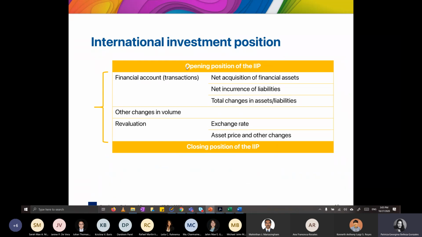These are the levels of financial assets that a current economy has in balance with non-residents, typically at the beginning of a year and the end of the year. And then the difference between the two, the increase or decrease within the year, is explained by transactions or flows in financial assets with other non-residents.